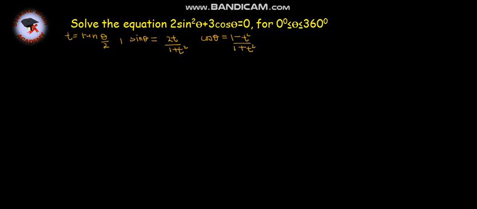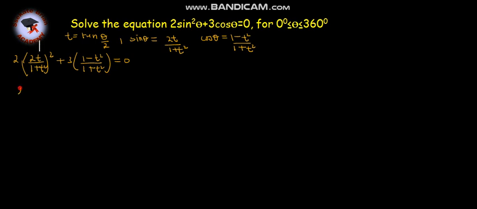Is that okay? So now I'm going to substitute for sine theta and cos theta in the equation which has been given to us. Therefore we shall say 2, where there is sine theta we shall substitute with 2t over 1 plus t squared, everything squared, plus 3 into 1 minus t squared over 1 plus t squared, everything equal to 0.